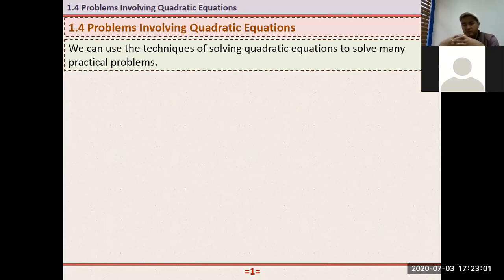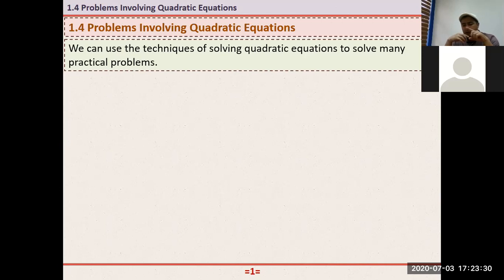Then you have to solve it, and after you solve it, you need to pick the most suitable answer that actually satisfies your problem. So we have to go through 4 or 5 steps. That's why a lot of students have difficulty solving problems. But if you're really comfortable with solving these kinds of problems, that means you have a really good problem solving skill. And hopefully you have a good problem solving skill.